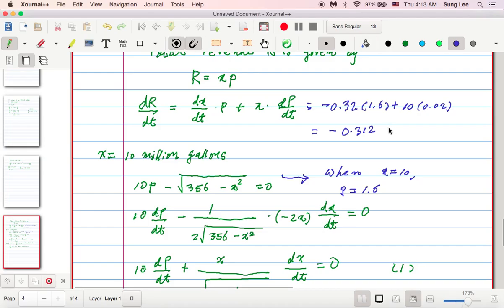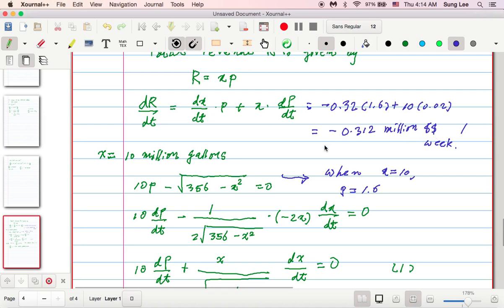And the unit, I'm sorry, is not million gallons; it should be million dollars per week, since this is revenue.